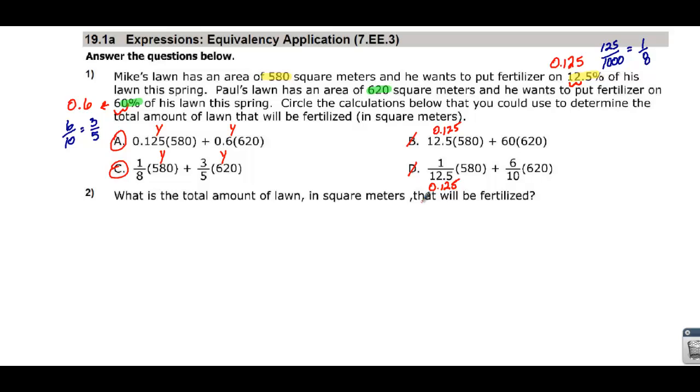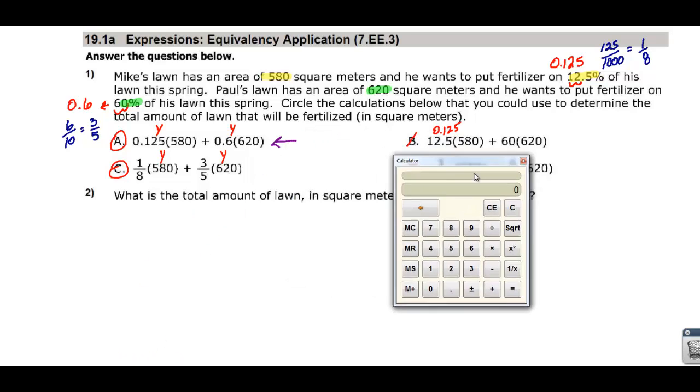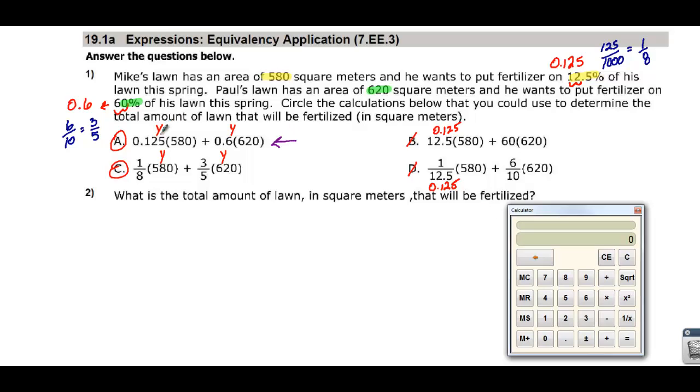And the second question is, what's the total amount of lawn in square meters that will be fertilized? So the method now is solve one of these two that was correct. I would pick A, because with A, I can use my calculator. Remember, when you take the test, you get to use a calculator.